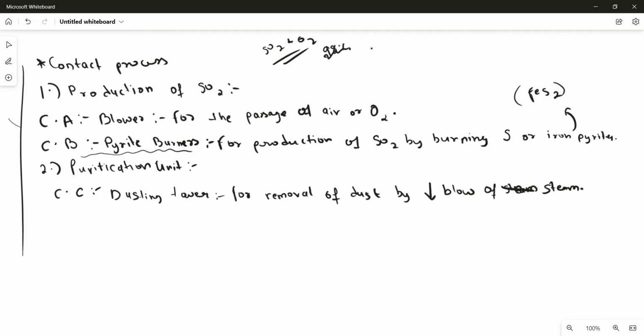So just to remove any dust in this mixture. Then we have chamber D. It's called the cooling pipes, for cooling gases by passage through isolated pipes.